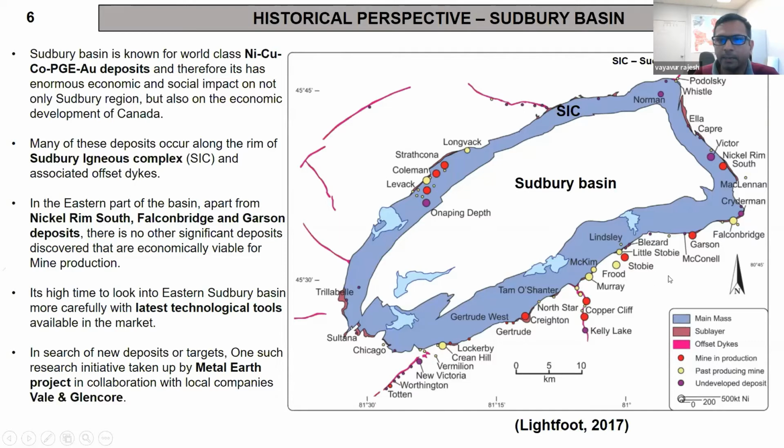In the eastern part of the Sudbury Basin, there are not very economically viable deposits. So in order to find more targets and identify deposits, Metalith, in collaboration with Valiant Glencore companies, has taken a research initiative to look into the eastern part of the Sudbury Basin.